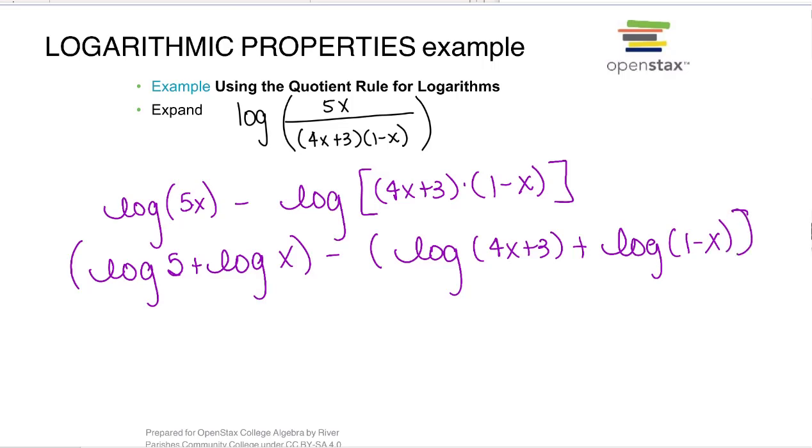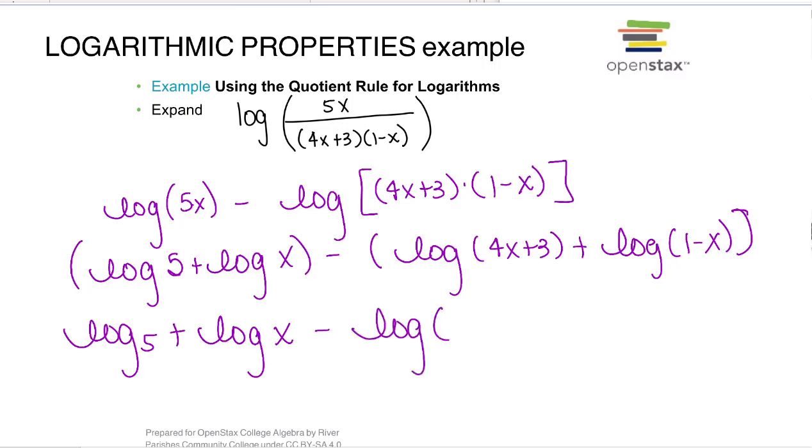All right, so now I can take the parentheses away and just say, okay, I'm doing log base 10 of 5 plus log base 10 of x minus log base 10 of 4x plus 3. And we're distributing this minus sign right here to each of these terms. So that means it's going to be minus log base 10 of 1 minus x.